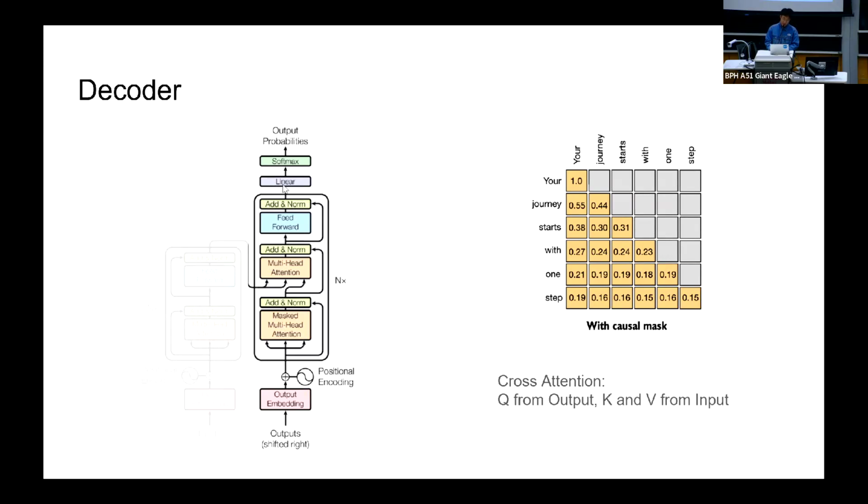After you pass it through the linear layer, you'll have n distributions across the vocabulary, which means that for each token in the output sequence, you predicted a distribution which is supposed to predict the next token in the sequence.